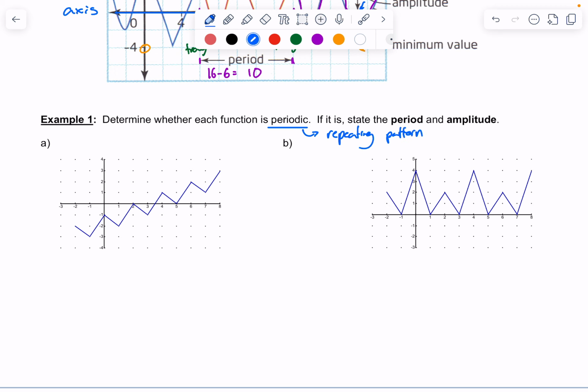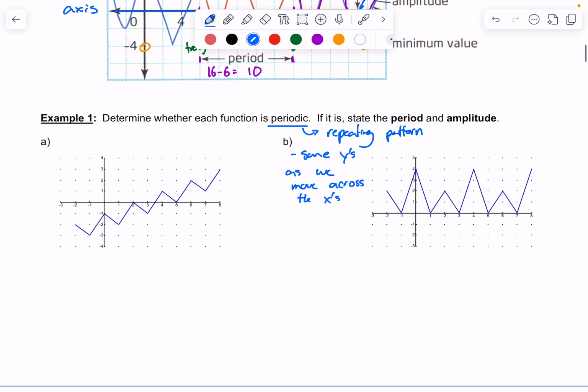And in order for it to be repeating, we need the same y's as we move across the x's.